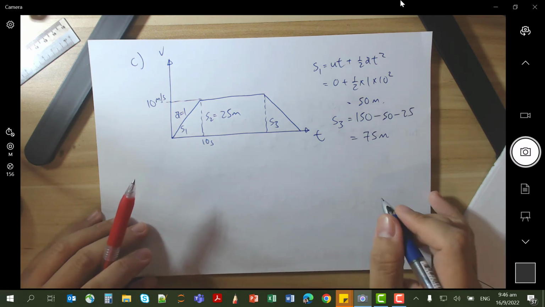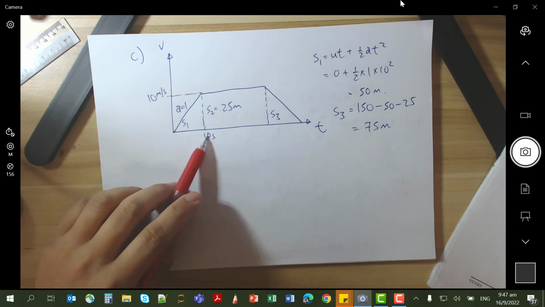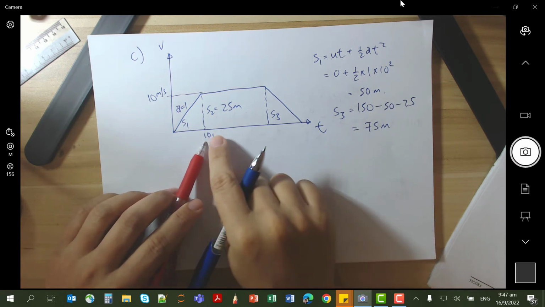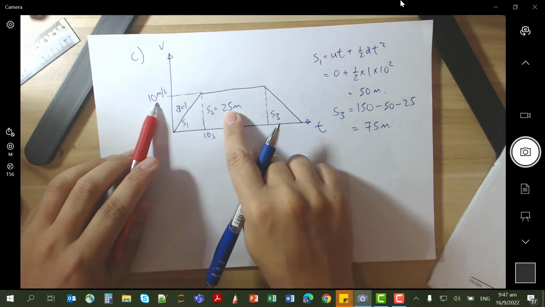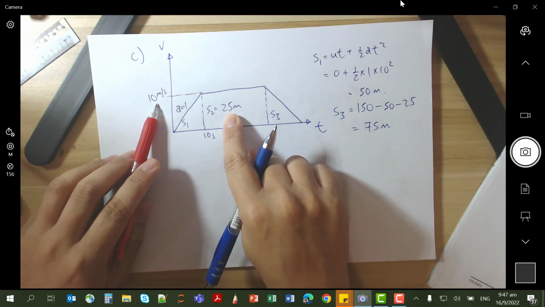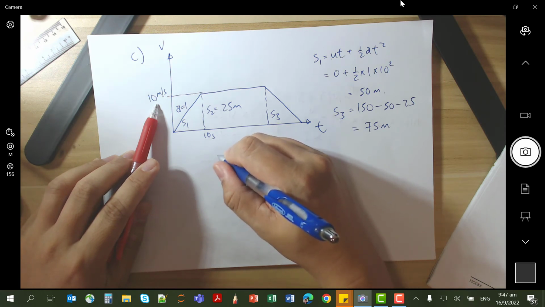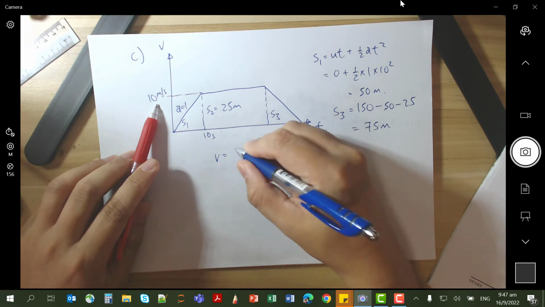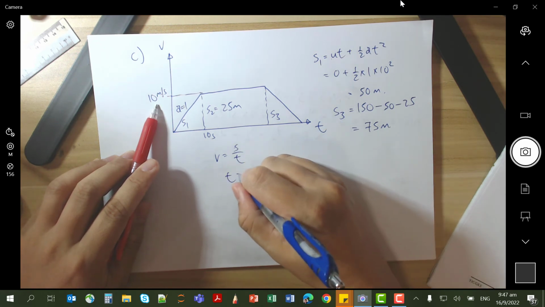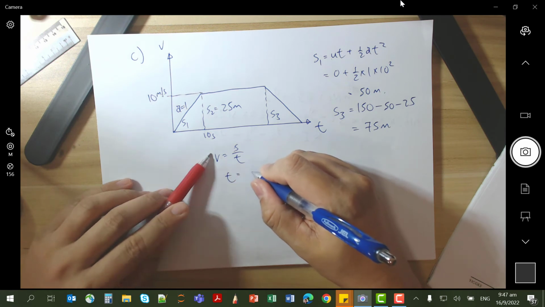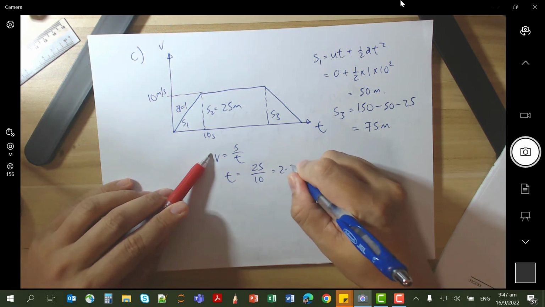What else do we know? We can find out the time taken to reach from here to here by using this velocity and distance. Velocity is equal to distance over time, right? So time taken is distance over velocity, 2.5 seconds.